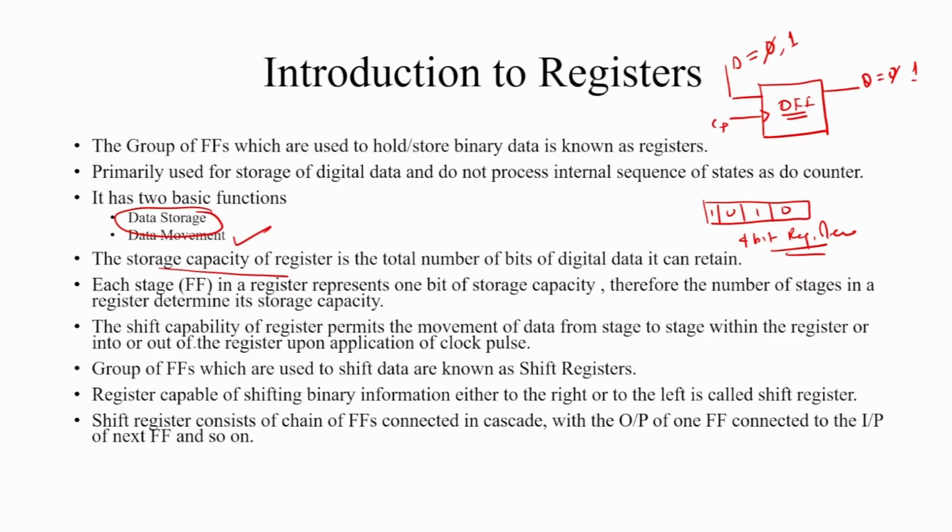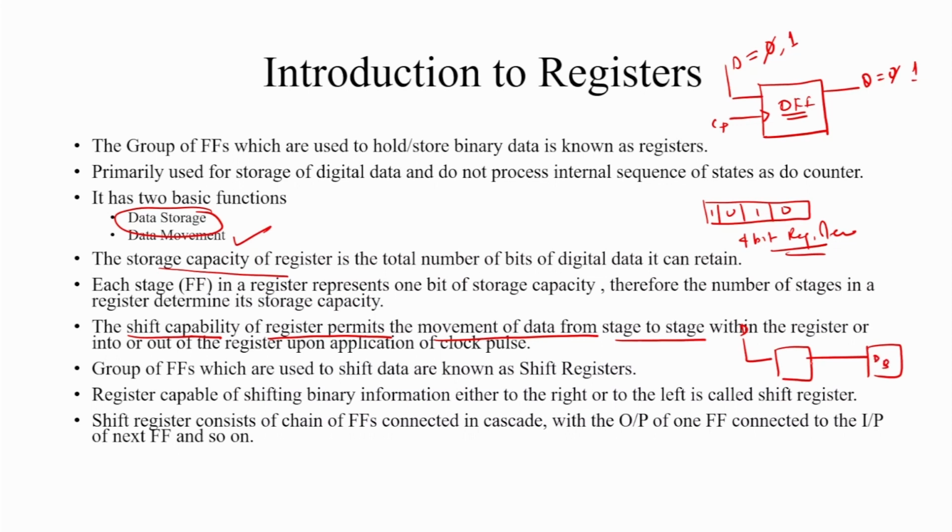Some registers have a shift capability, which permits the movement of data from stage to stage. Suppose there are 2 flip flops, DA and DB, with a common clock pulse CP. Whatever input is provided is stored in the first stage and then transferred to DB, and the output also retains the same.